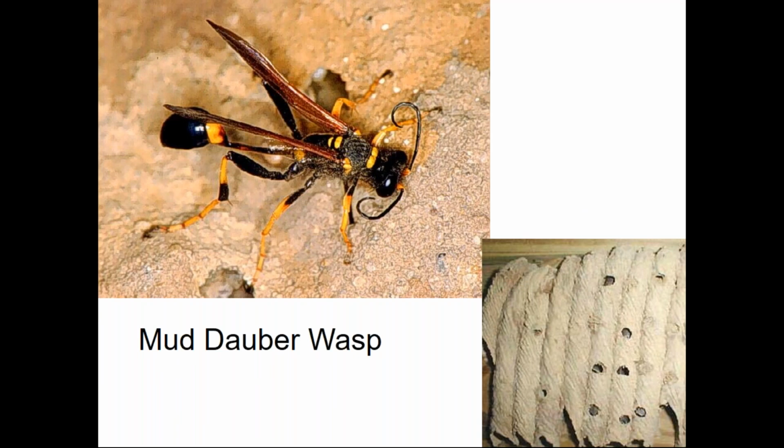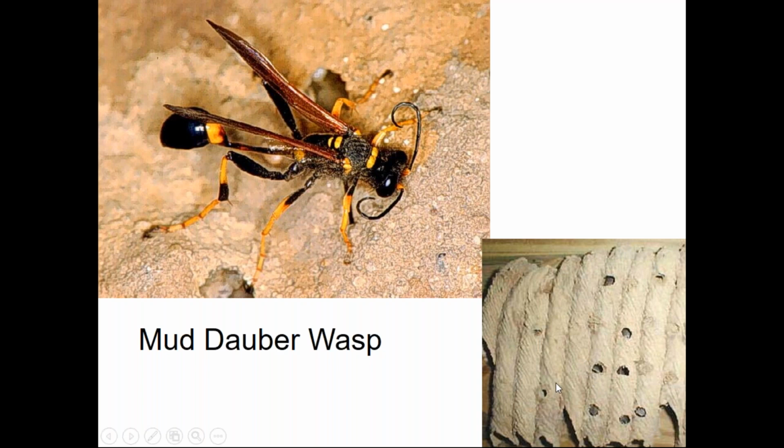Mud dauber wasps are members of the thread-waisted wasps. You can kind of see why they're called thread-waisted when you see how thin that area of their body is. They will be around your swimming pools and water holes, collecting mud and water so that they can construct this organ pipe kind of formation that you see in the lower right.